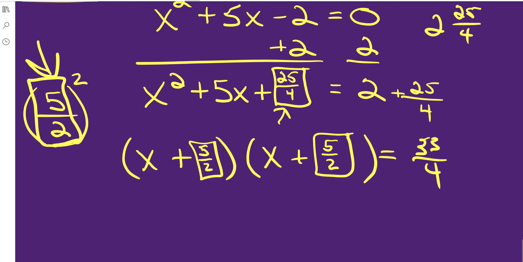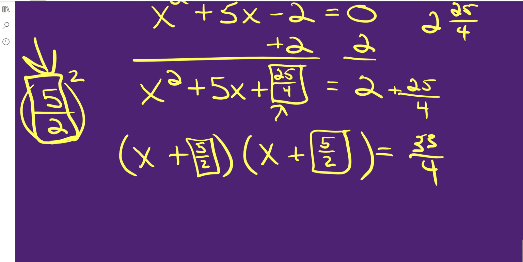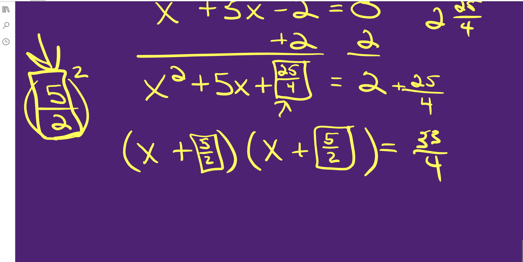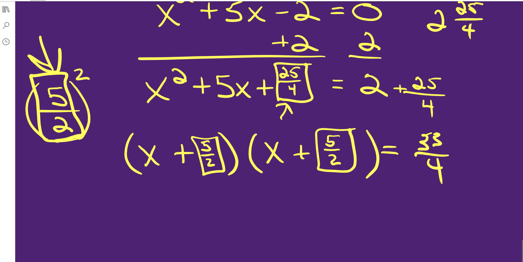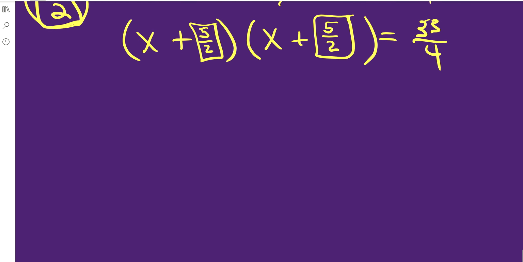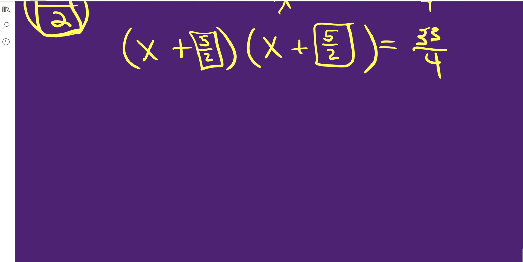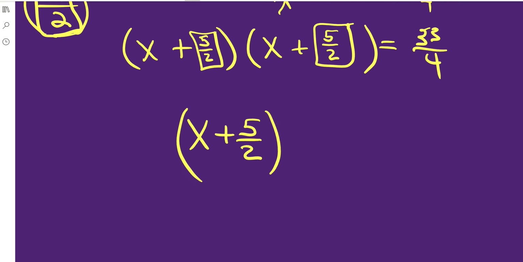I'm not crazy about the 33, but hey, we know how to handle that. Okay, so take a good look at that. And now, for your sake, you don't have to literally write that up as x, but that's what this means. This is x plus 5 over 2 squared. That equals 33 over 4.